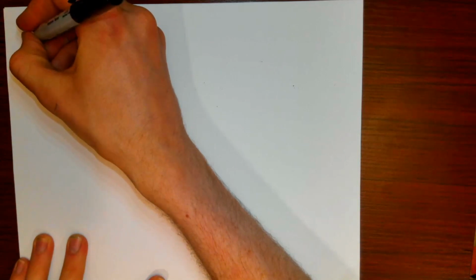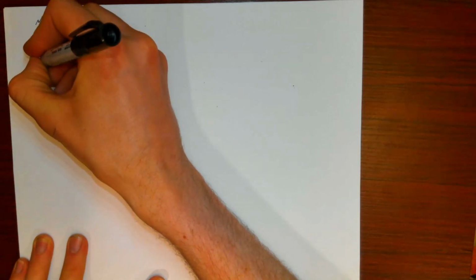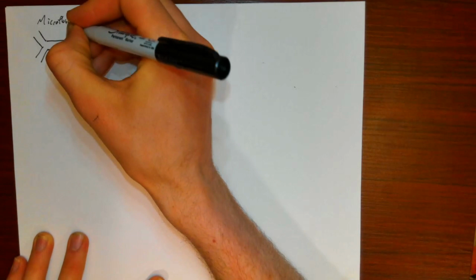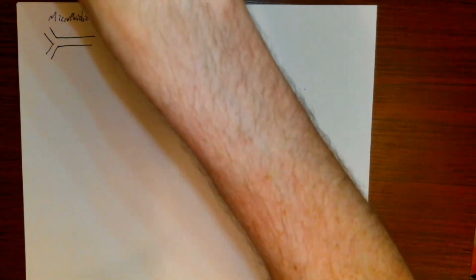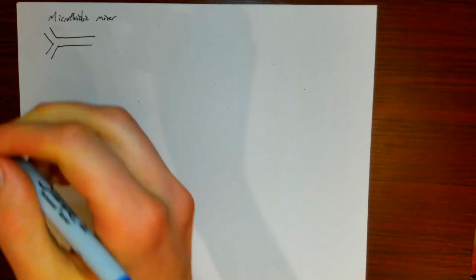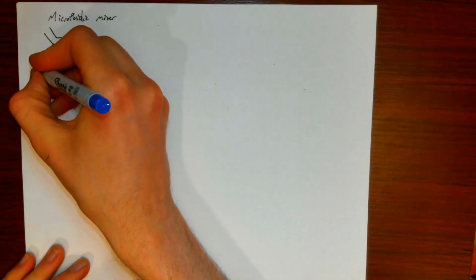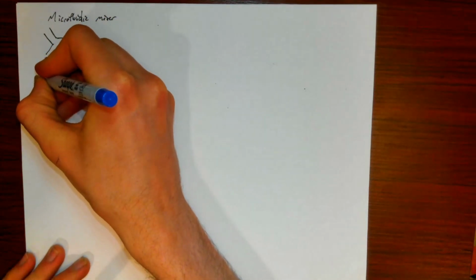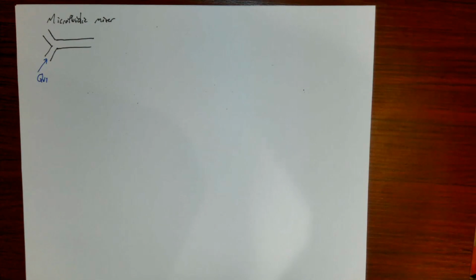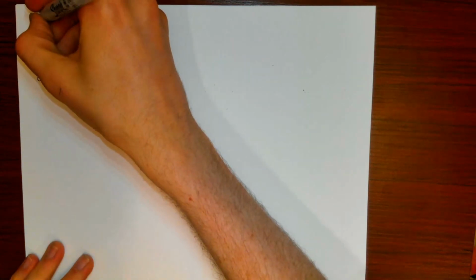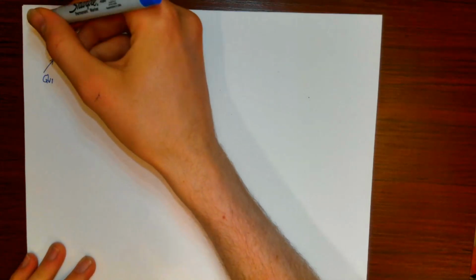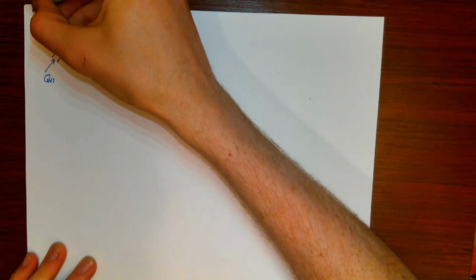So I have a little Y channel like this. Let's say there's some fluid coming in here with one volumetric flow rate. I'll call it QV1. And let's say there's another fluid coming in here with a different volumetric flow rate.